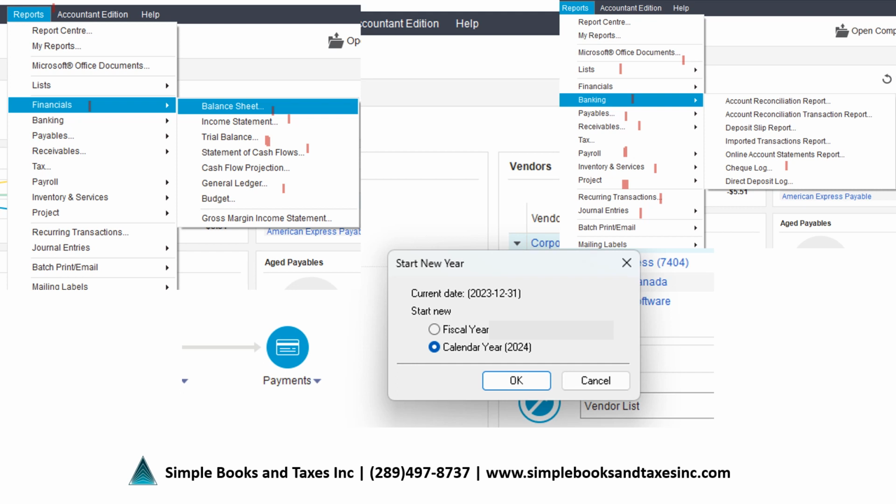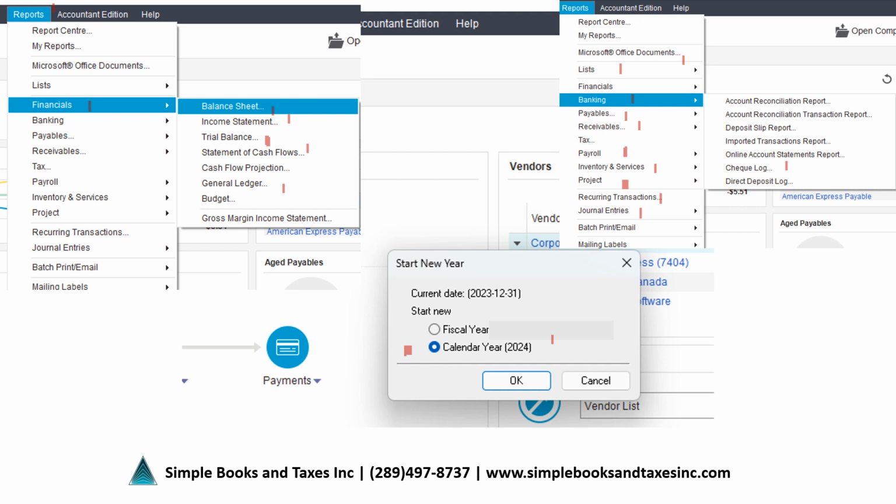And after creating and saving all reports, now we can go to maintenance and check for the data integrity, make sure that the data is balanced and everything is okay. After that, we can start a new calendar year, 2024. And of course, the system will ask us if we want to back up the system.